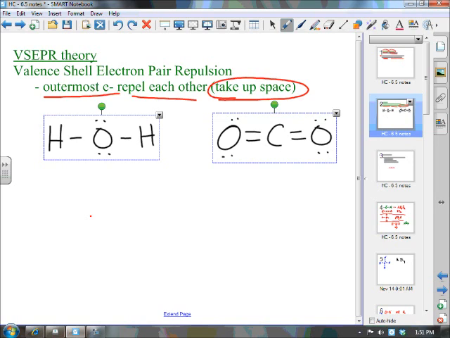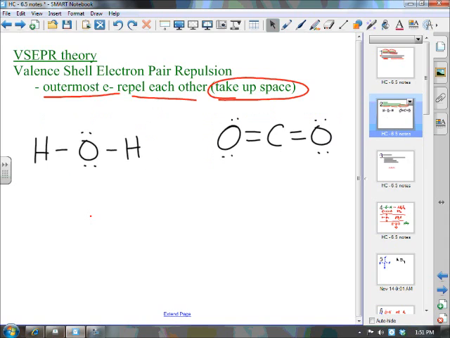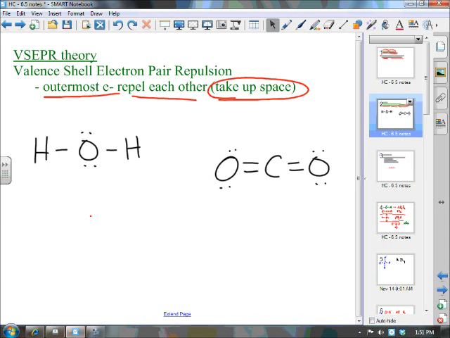So we have two examples here of structures. We've got water and we've got carbon dioxide. Now, it looks like they're very similar. I've drawn them left to right, 3 atoms, 1 atom in the middle. I've drawn a straight structure. The problem is they do not have the same 3D shape. Why not?